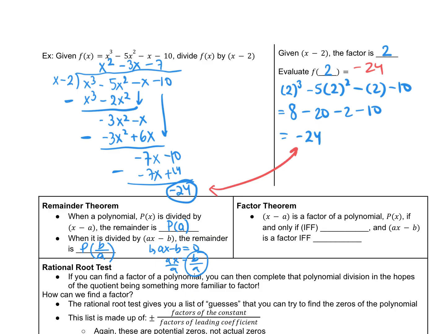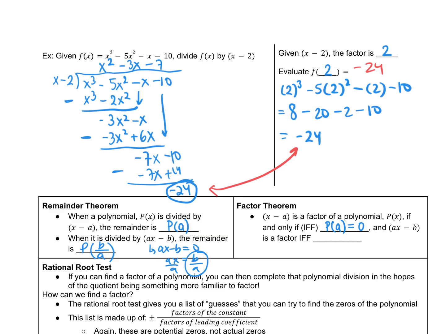Now, how does this relate to factoring? If I can get my remainder to be 0 so that I'm not adding anything after the divisor times the quotient, I have factored my polynomial. So, if x minus a is a factor of the polynomial p at x, that means p at a should be 0.